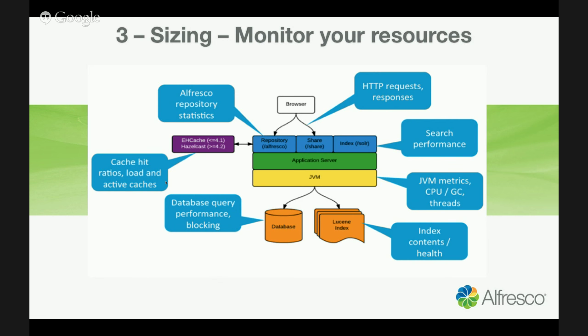How is my database performing: query performance, blocking queries, slow queries. How are my caches performing: cache hits, cache ratios, cache loads, active caches, all of that, and the repository statistics that we obtain from monitoring.